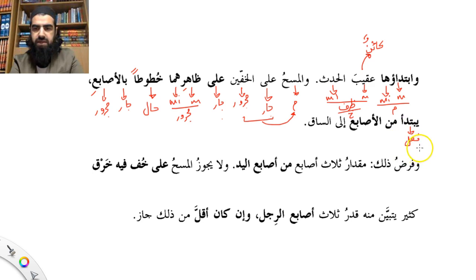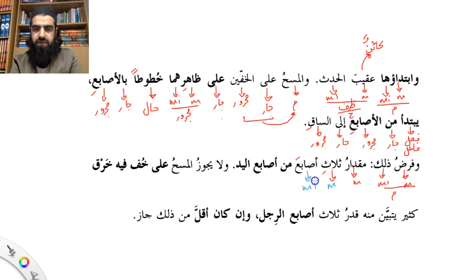Yabtadi'u is the fi'l plus the fa'il. Min is jar, asabi is majroor. Ila is jar, saq is majroor. Okay, so all of that. Fard is mubtada, dhalika is mudaf ilayhi rather, becomes mubtada, and miqdar is mudaf, thalath is mudaf of asabi, and then you've got all of that sequence of mudaf ilayhis.